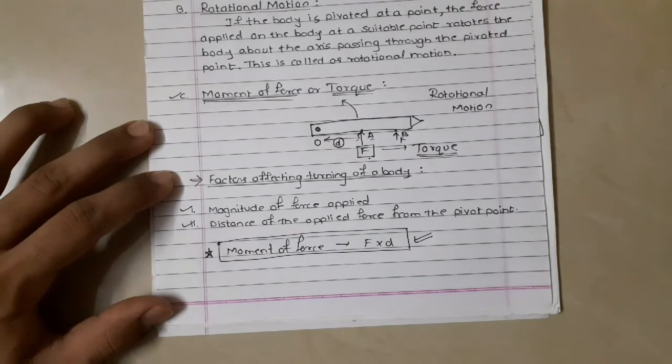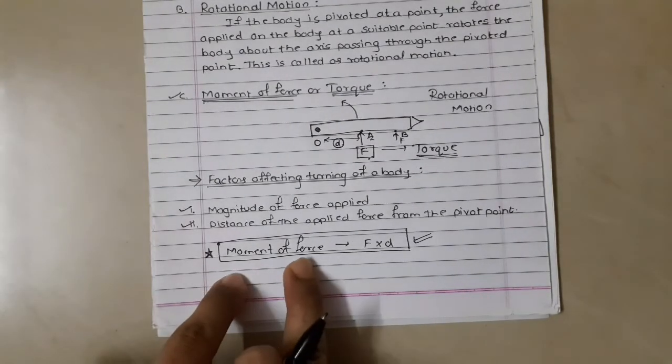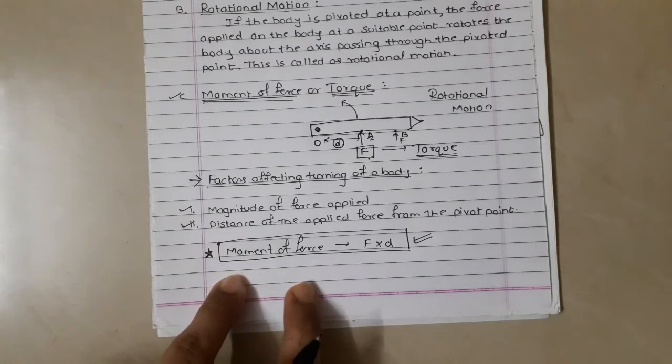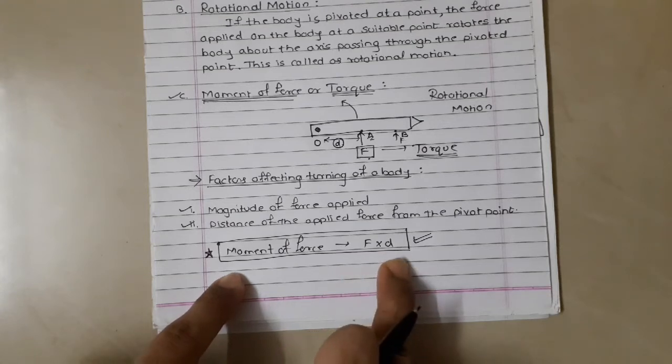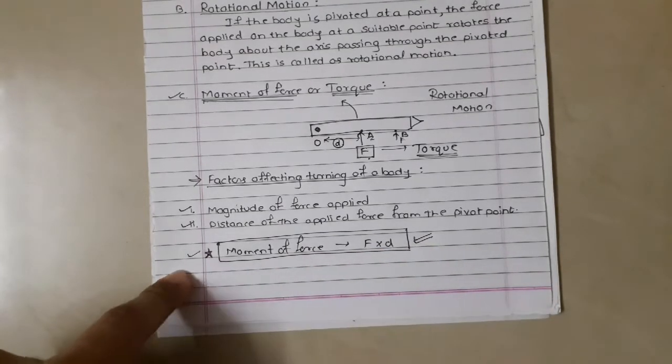So if we go on defining it, the moment of force is the product of the magnitude of the applied force and the distance between the applied force and the pivot point. So we have done. Let's proceed now.